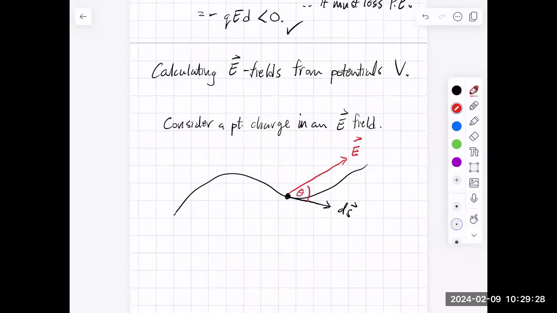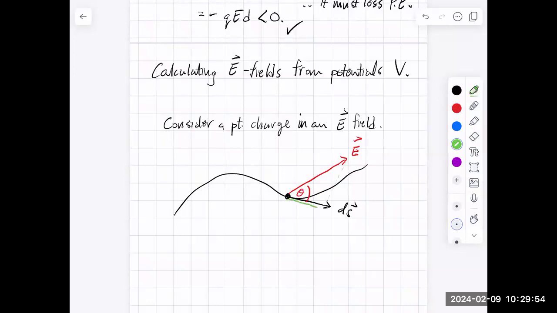What I'm going to do first is break this electric field up into components. I'm going to pick one component that is along the direction of the displacement, and a component that is perpendicular to that direction. So I'm going to drop this down so that we get a perpendicular.